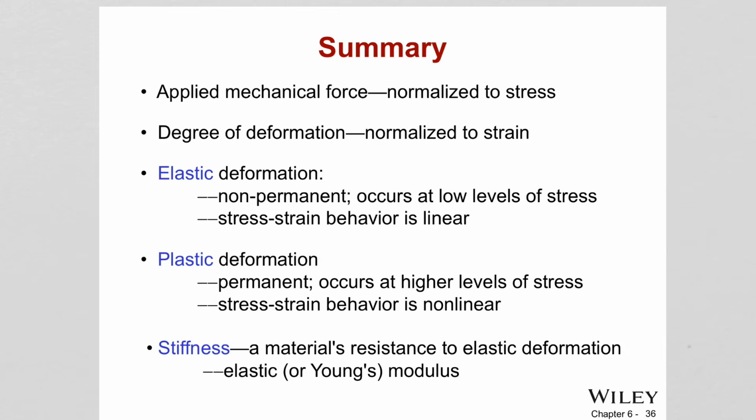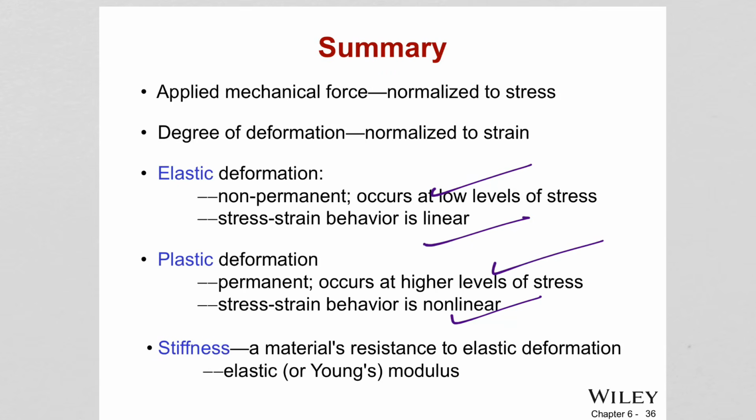So in summary, we looked at how materials react to mechanical forces and how much they deform. We said it gives us stress and strain data. Elastic deformation is non-permanent, occurs at low stresses, and is linear. Plastic deformation occurs at higher stresses and is non-linear.